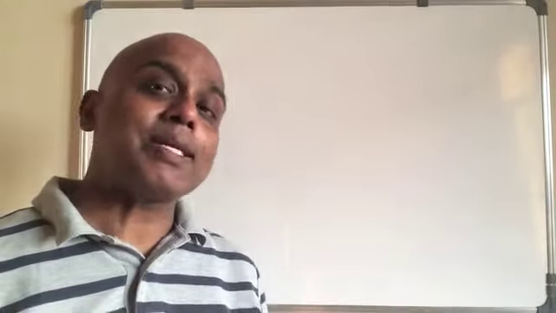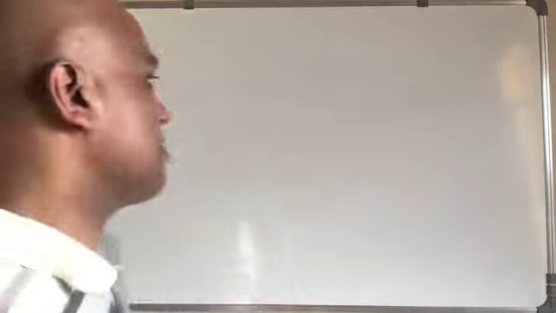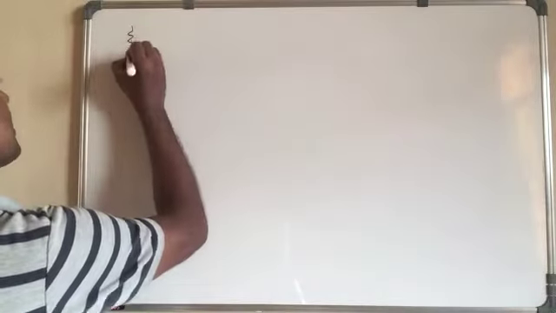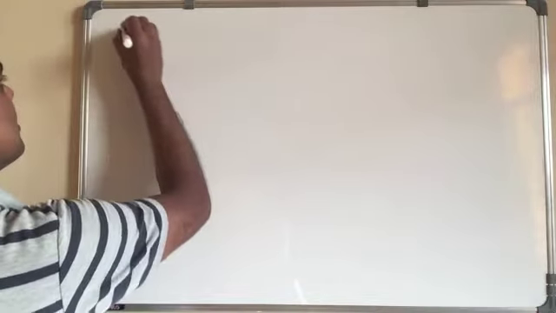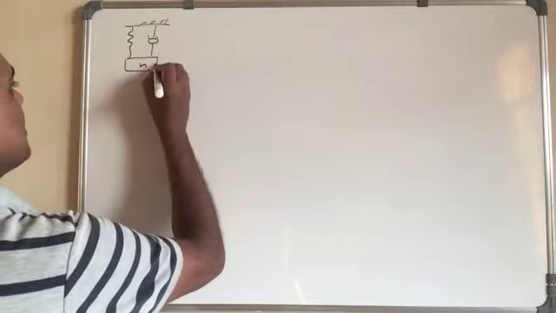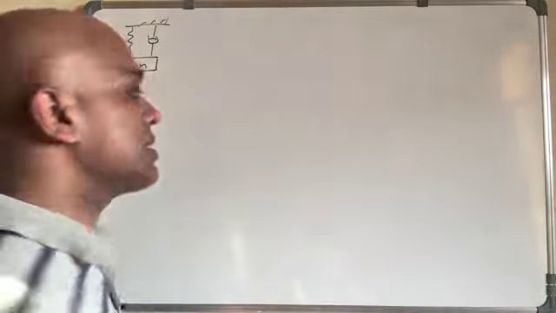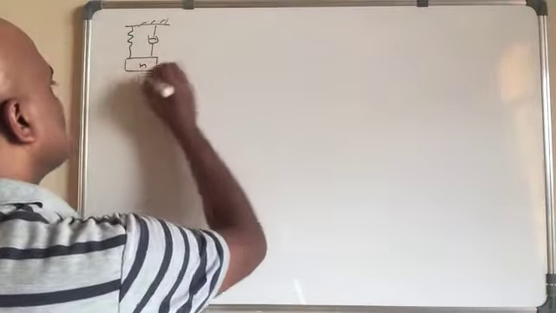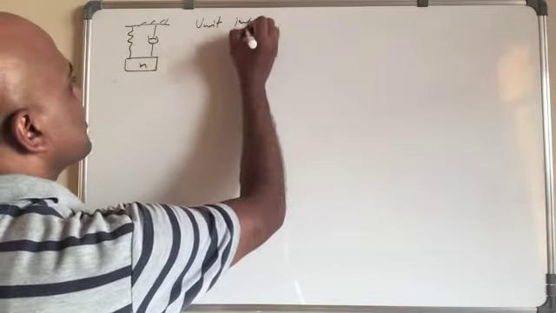So now the question is, can we quickly apply the same thing to a mass spring damper system? So the damper comes into the picture now. What do we have to know? We have to know just the unit impulse response.